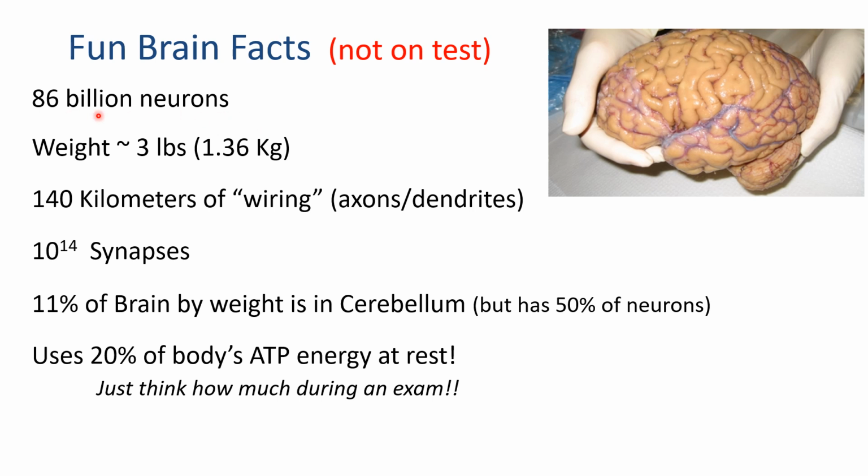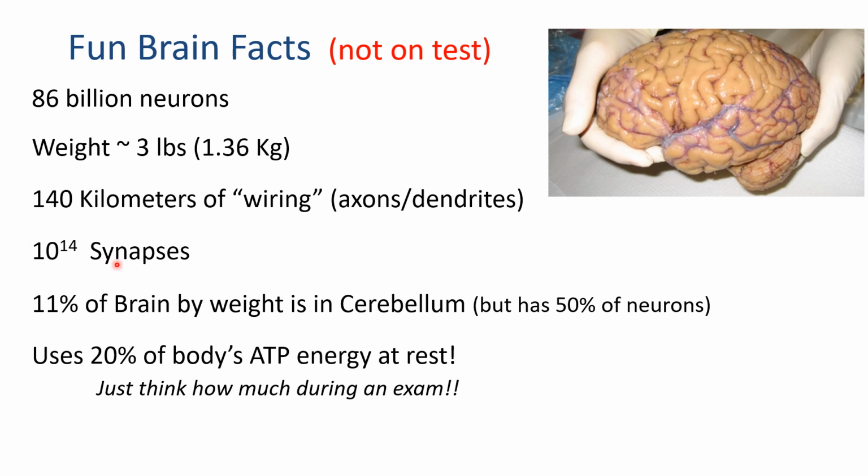So 86 billion neurons, that's 8.6 times 10 to the 10th. I'm saying that because I'm going to talk about 10 to the 14th here in a second. Almost 100 miles of axons and dendrites in an area that's only a few inches wide and maybe 7, 8 inches long. Not very much space for 100 miles of transmission line, if you will.